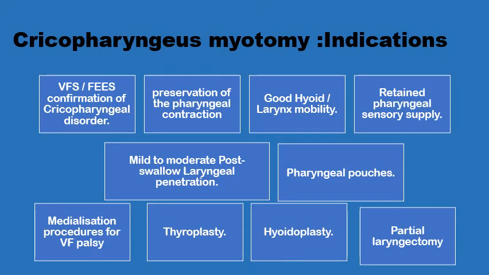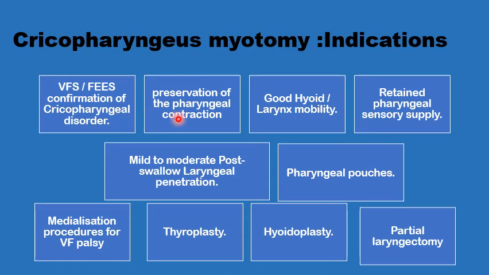Cricopharyngeus myotomy can be the primary treatment for cricopharyngeus dysfunction, for example, or can be a secondary treatment together with other procedures in other conditions. As a primary treatment for cricopharyngeus dysfunction, the selection of the patient should also include verification by video fluoroscopy or video endoscopy of a cricopharyngeal disorder.